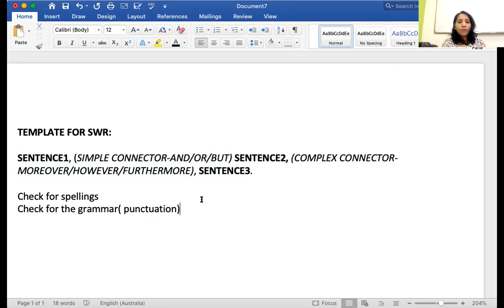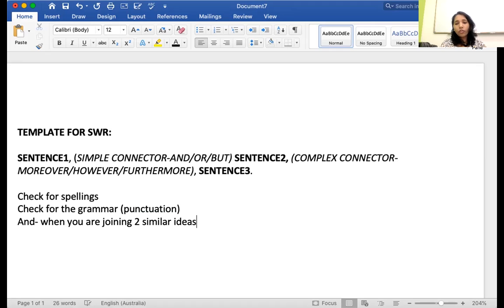Okay, so when I talk about the simple connectors, where do you use the simple connector or your conjunction and? So your conjunction and is used when you are joining similar ideas. That's when you use this connector and, right?